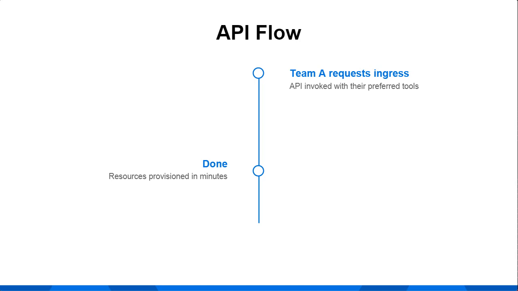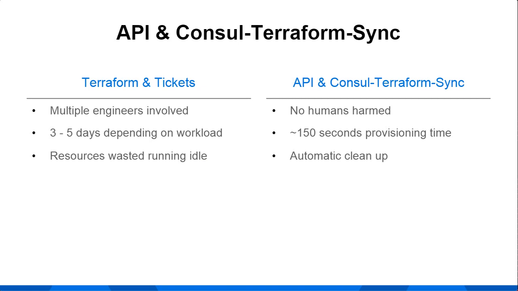And also, we got rid of all those manual mistakes when deploying wrong resources, as there are no typos anymore, no fat fingering, as the code is templated, generated by Consul-Terraform-Sync. So that's where we are now. We got rid of the old process. Instead of taking days to deploy new resources, now we're talking about minutes.